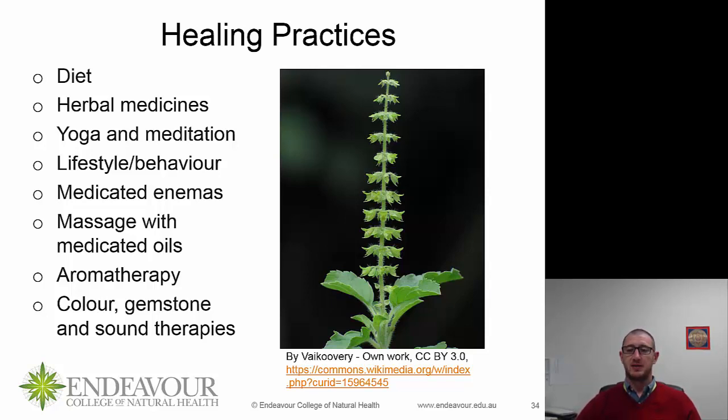Within Ayurvedic medicine, these 6 tastes are sour, salty, pungent, bitter, sweet and astringent. And this is slightly different to the Chinese medicine thinking. So balancing those 6 tastes or adjusting the flavours within a given diet in order to account for a given dosha imbalance might be the focus of nutritional, dietary recommendations.